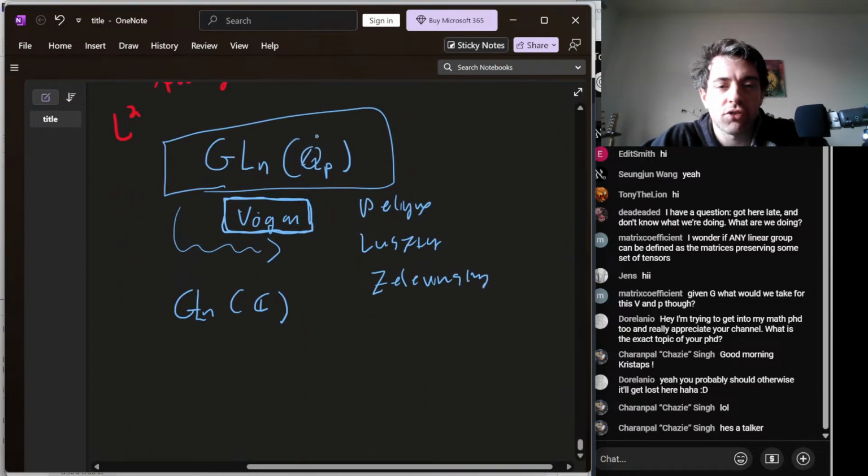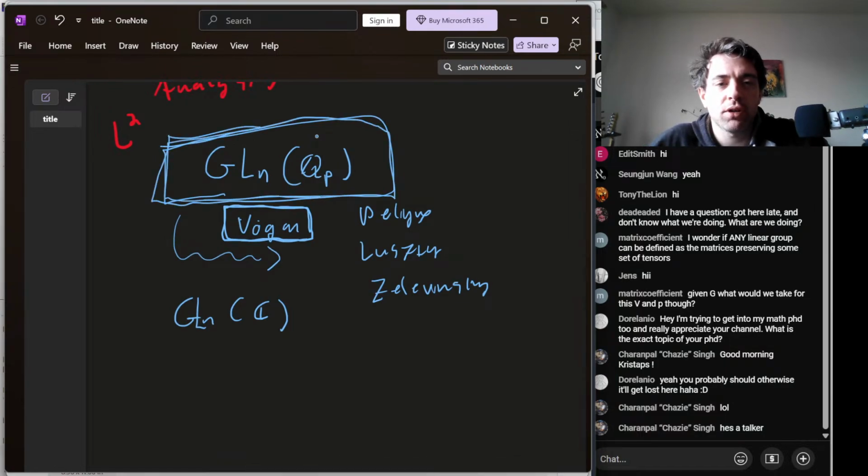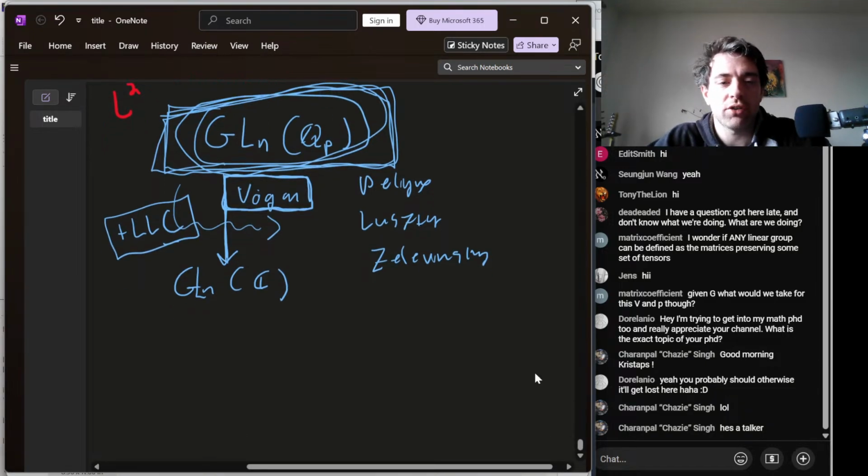So the idea is we want to study the representation theory, so that's harmonic analysis type stuff. We want to understand the representation theory of GLN over the p-adic numbers. But there's this philosophy from Vogan and friends, plus assuming the Langlands correspondence, but I'm just going to ignore exactly the Galois part and just geometrize it.